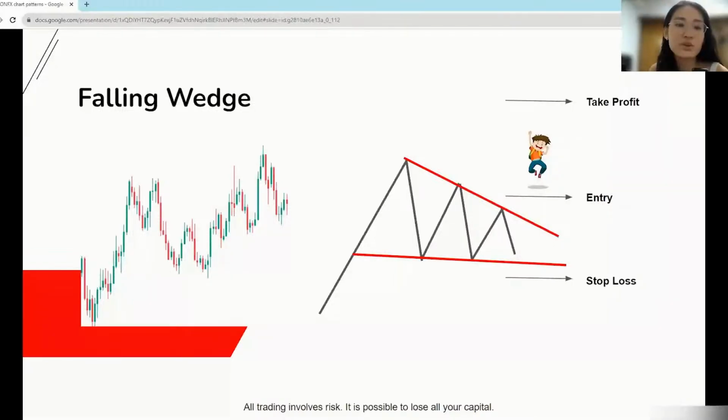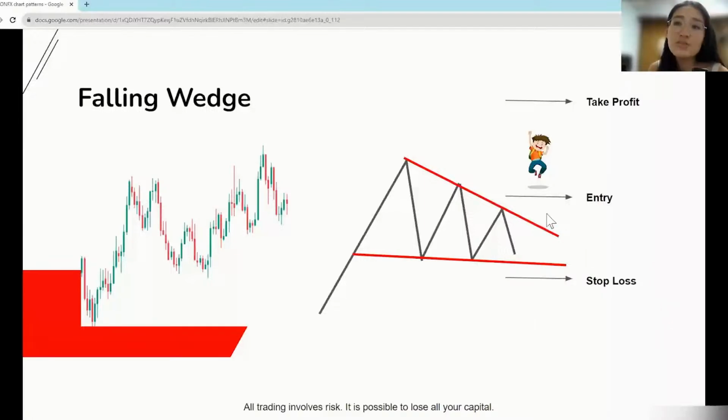Later on, when I go through some harmonics and Elliott wave patterns, those are a little bit harder to spot. But we'll go through those shapes and patterns later on. Okay, so next, let's go into falling wedge. This is the pattern that I've included here, for you to take note of when you are spotting a falling wedge.